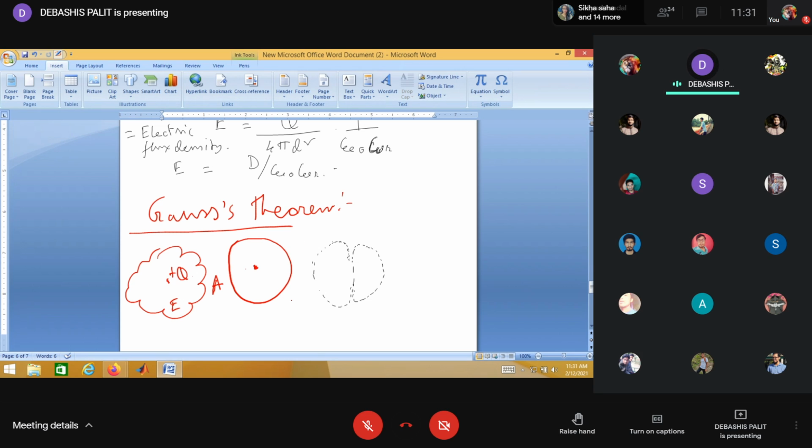So consider a sphere of radius r with charge plus q, and electric field intensity E due to this charge.